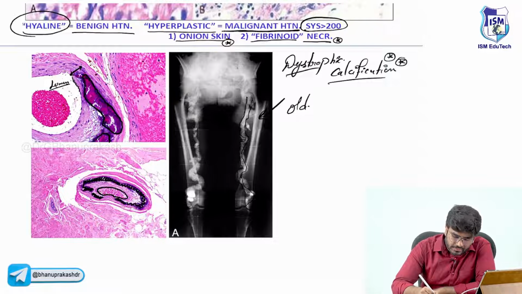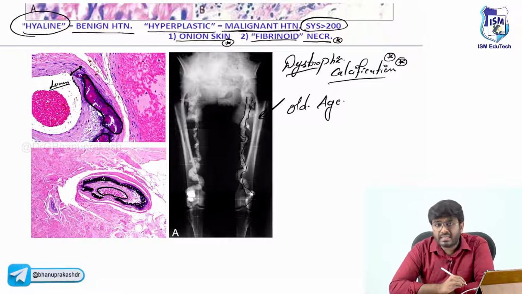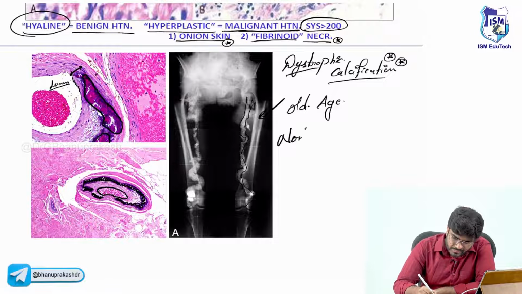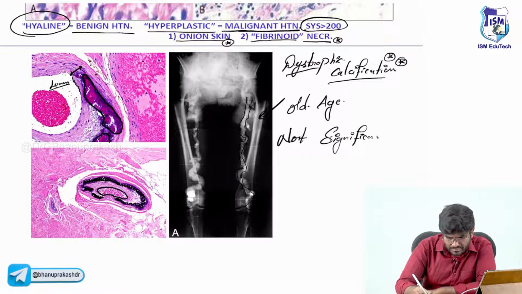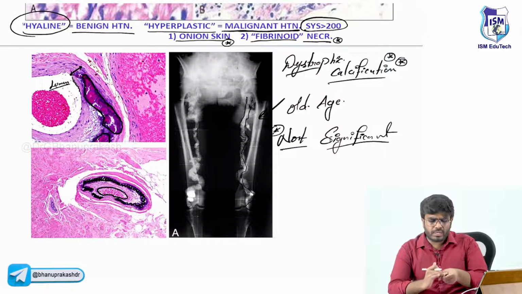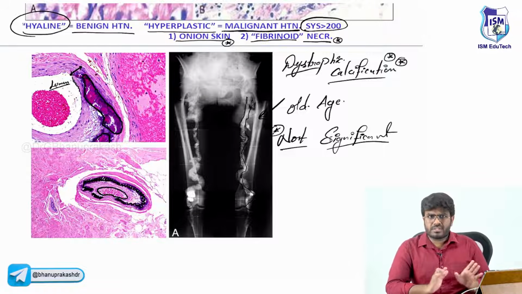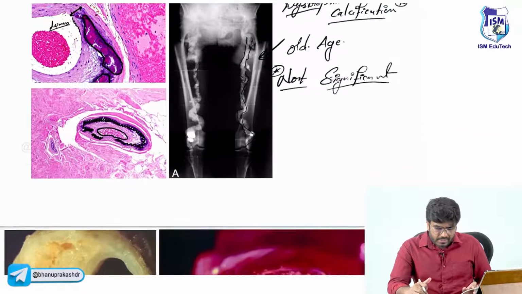Seen in old age people. Is it significant? It's not a significant condition, not a problematic thing, because the tunica intima is not involved and the lumen is not involved, so there won't be any occlusion or thrombus formation. Simple. So this is done.